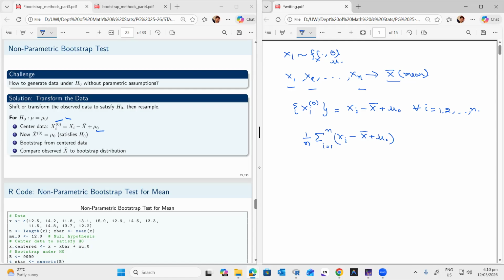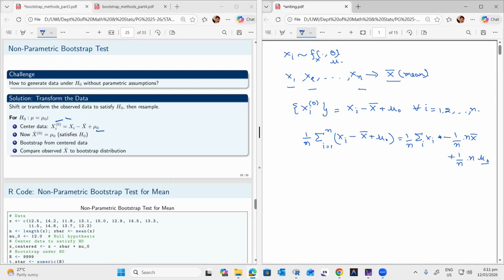When you apply the summation inside, it becomes 1 upon n summation of xi, minus x bar, which is a constant term, so the sum gives 1 upon n into n x bar, plus 1 upon n into mu naught, because mu naught is also a constant.